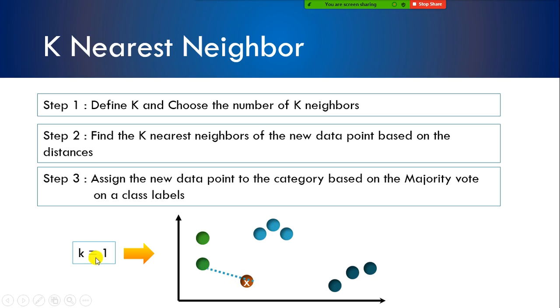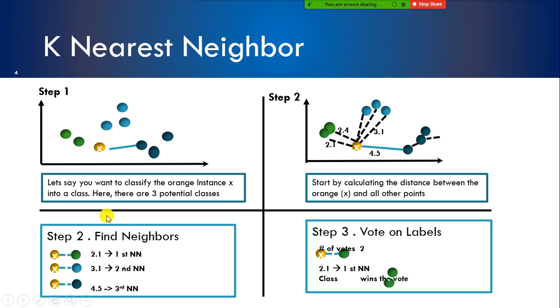In this case I have given K is equal to 1, so for this observation, this one is very close. If I specify K is equal to 3, let's look at this example. Let's say we want to classify this new instance as the orange class, because the rest of the observations were already classified.